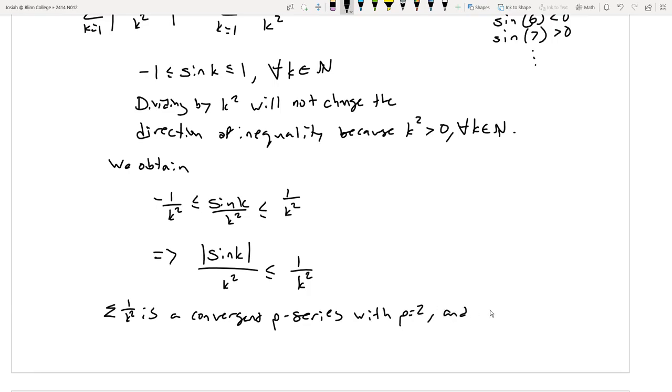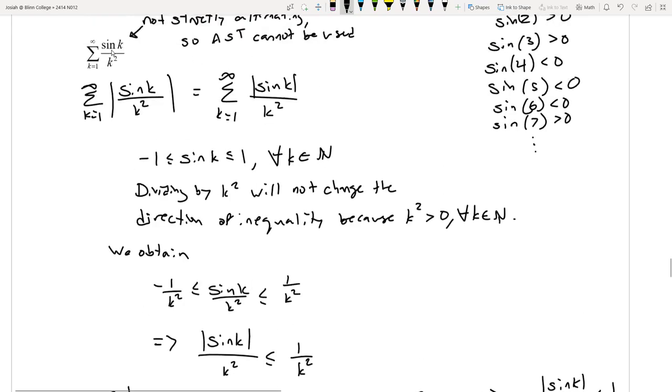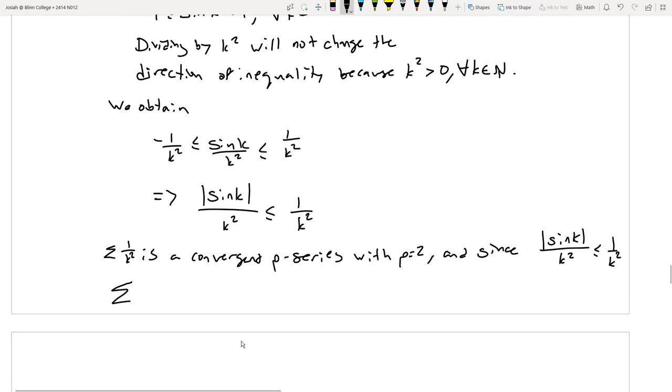And since our series has terms that are less than or equal to 1 over k squared, our series in total here, sine of k over k squared, converges absolutely by the direct comparison test.